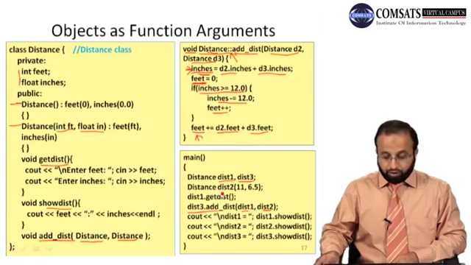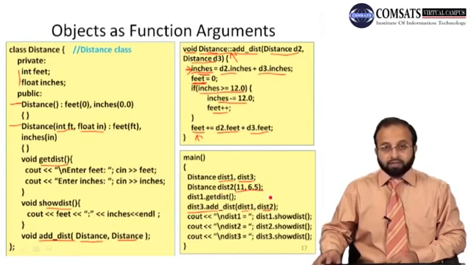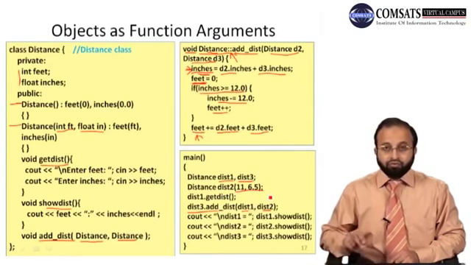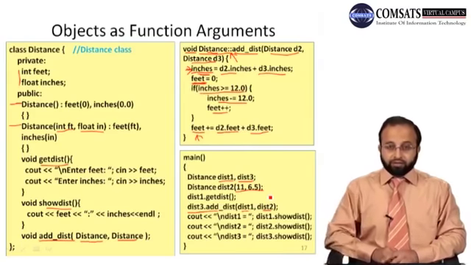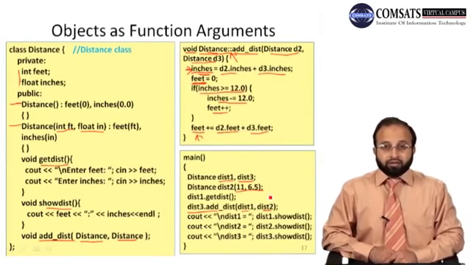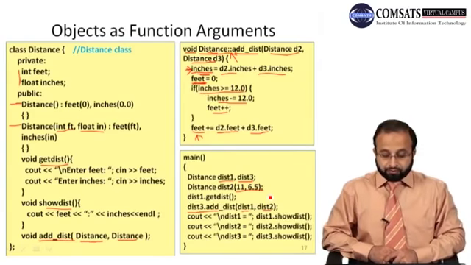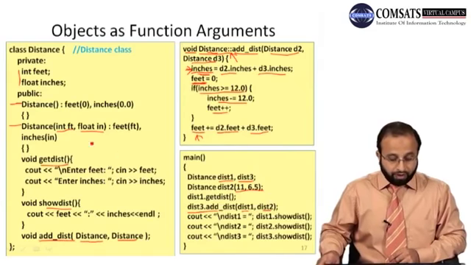Now with dest2 object we specified two parameters, that is 11 and 6.5, so we are passing two values. In the case of creation of dest2, the constructor with two arguments will be called, right.